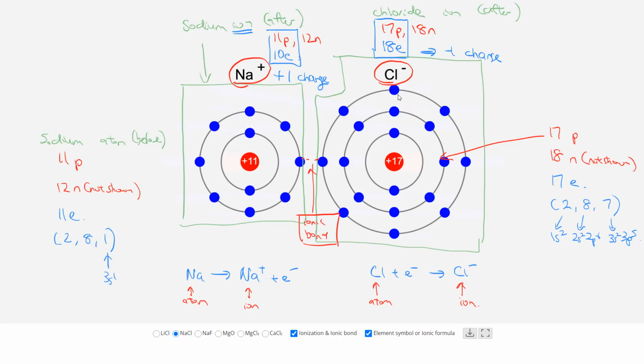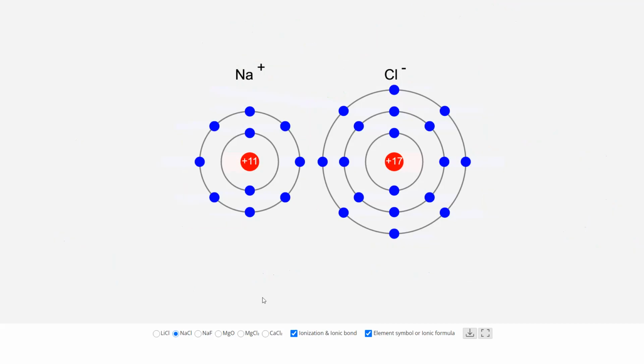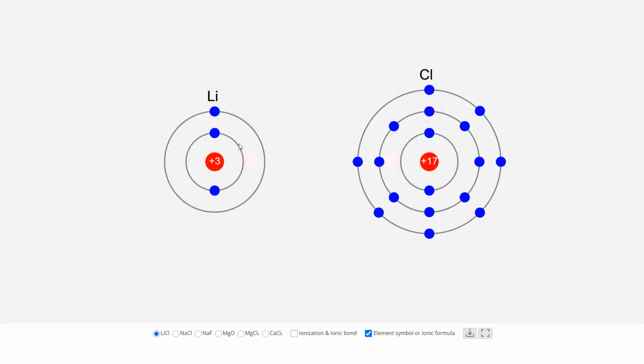Sodium and chlorine is just one example out of many. Let's show you a few more examples, but they all operate the same way. So let's take a look at, say, lithium and chlorine. Lithium is number 3 on the periodic table. You've got 3 electrons, 1s2, 2s1. Chlorine, we've already talked about. You can see that lithium wants to lose 1 because getting 7 is quite hard. Chlorine wants to get 1.